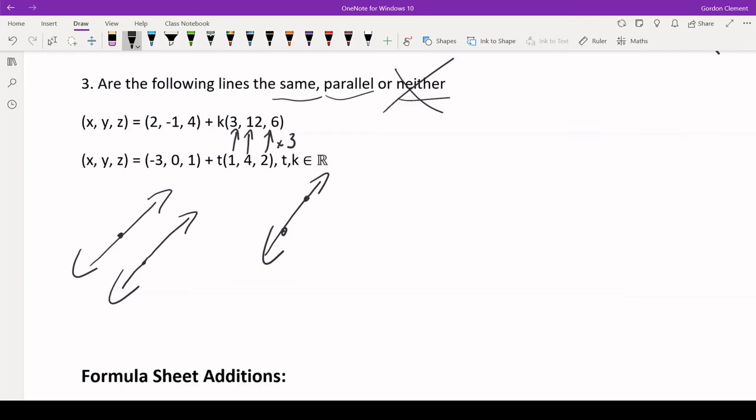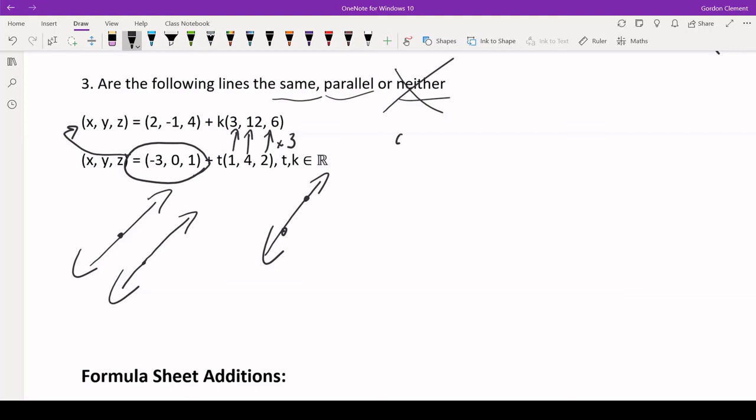And what we need to check then is if this point is on the first line, then they're going to end up being the exact same line, because as long as they have 2 points in common, since they're going in the same direction, then they're the exact same line. If they're different lines, then they're not going to have any points in common.